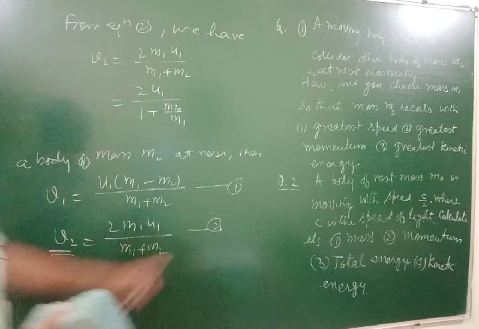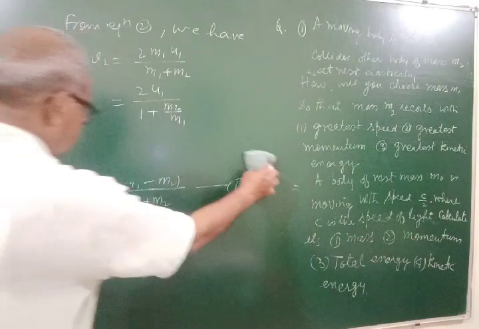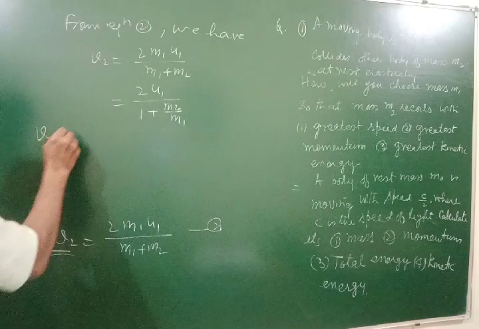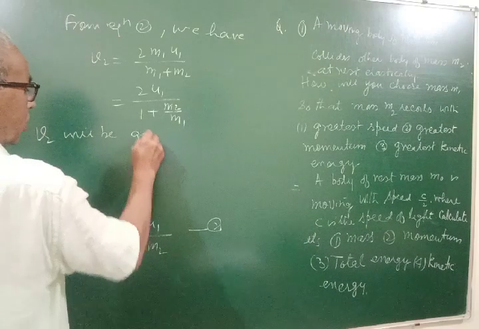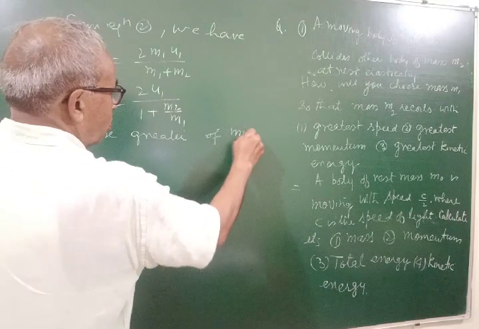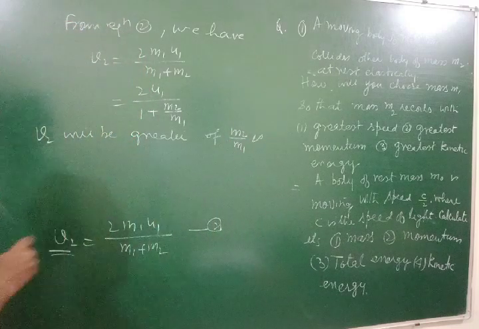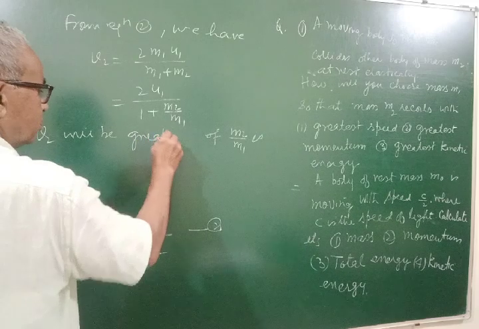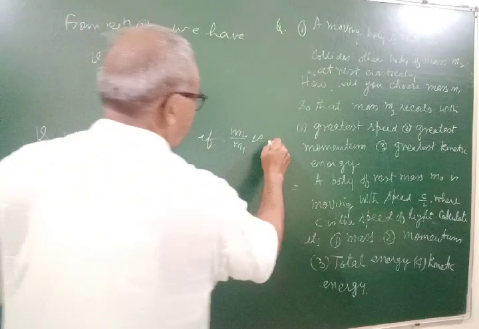You are asked how would you choose mass m1? For maximum velocity, v2 will be greatest if m2 upon m1 is smallest.